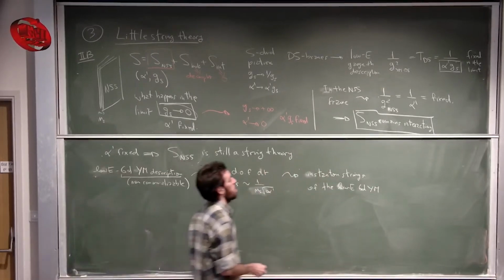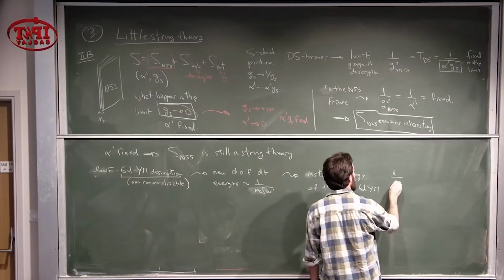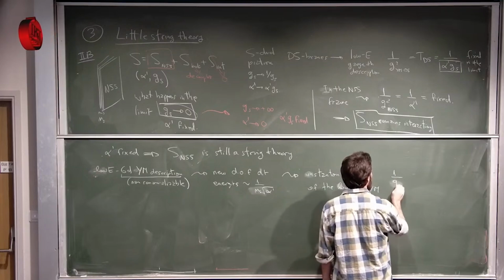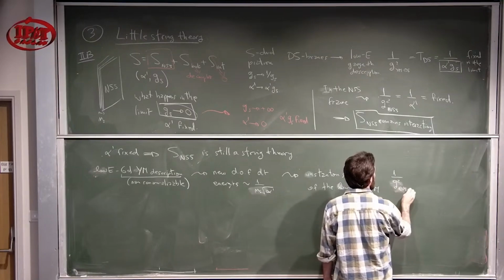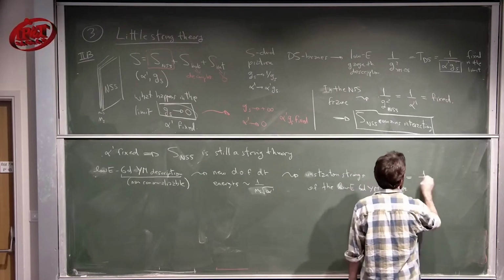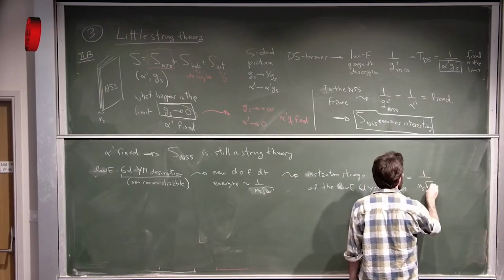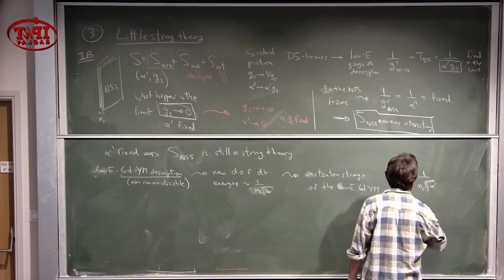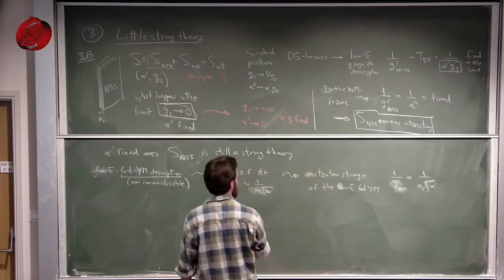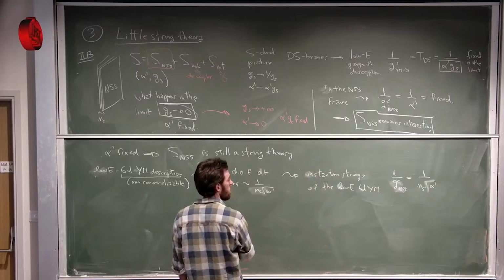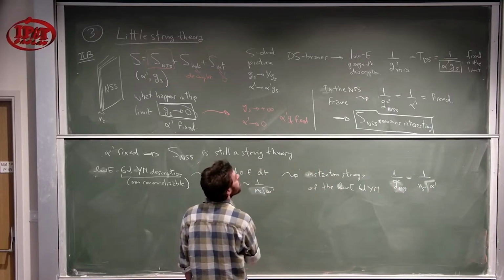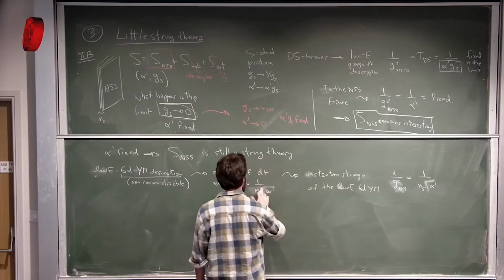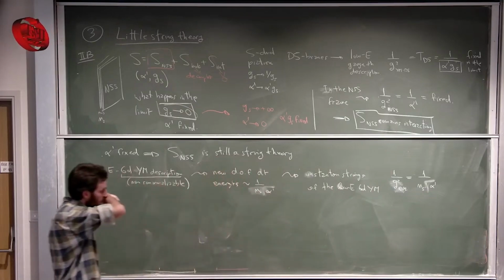Well, you know it because, again, these are going to scale like 1 over the effective Yang-Mills coupling, which is 1 over N5 alpha prime.